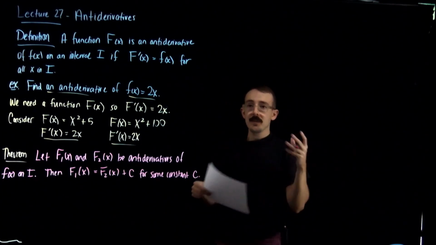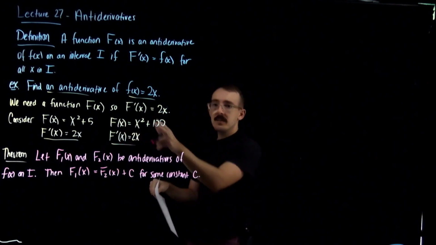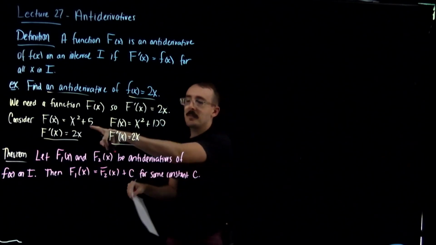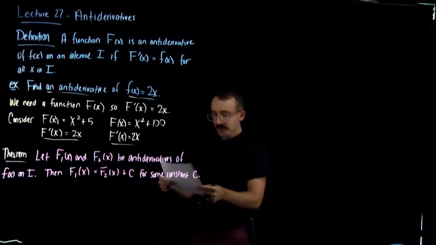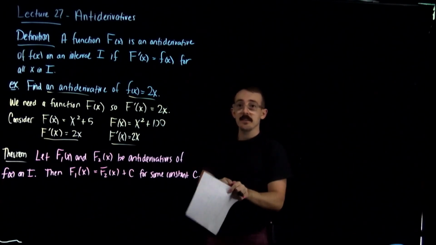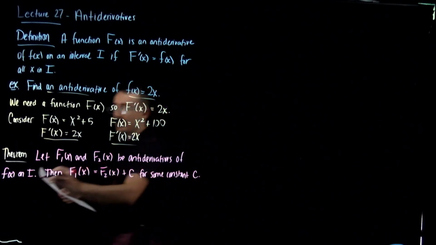So what this is saying is that these two things may be different, but they're only going to be different by some kind of constant here. So here I have 5, here I have 100. So that's that theorem.